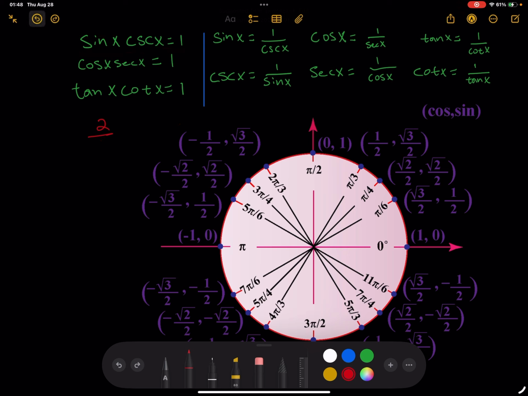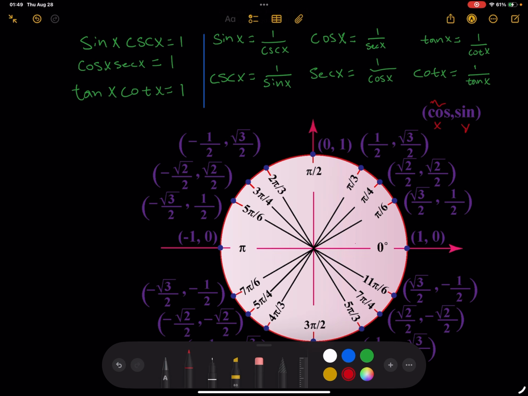I want to show you on the unit circle why this is true. If you don't already know, we have cosine as our x right over here, and then we have sine as our y. When we're looking at the unit circle, our x is this section here, and then our y is here, which is our sine.